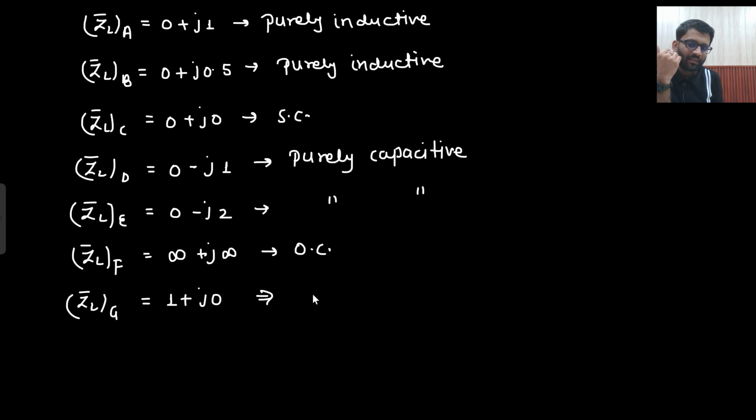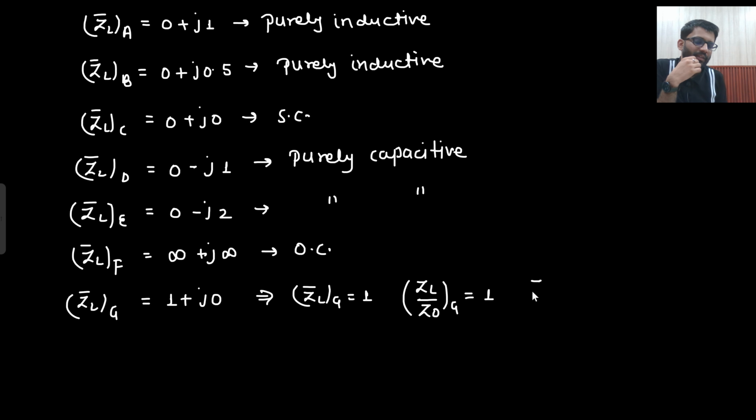So here ZL dash at point G is equal to 1. What is ZL dash? ZL dash is ZL by Z naught. ZL by Z naught at point G is equal to 1. That means at point G, ZL is equal to Z naught. And what do we call it? Matched load.